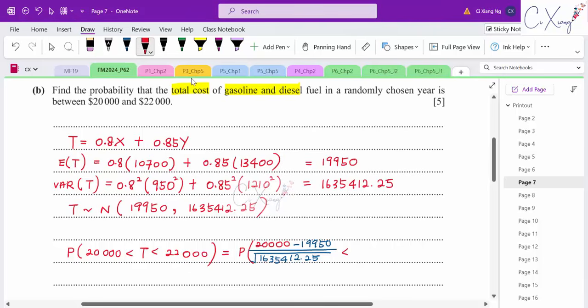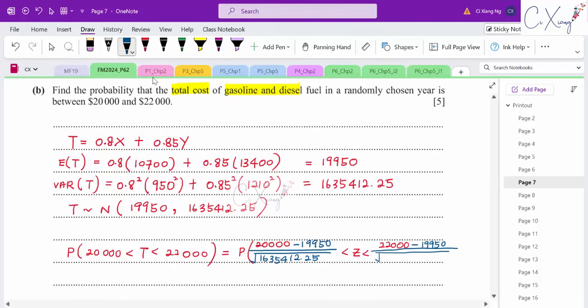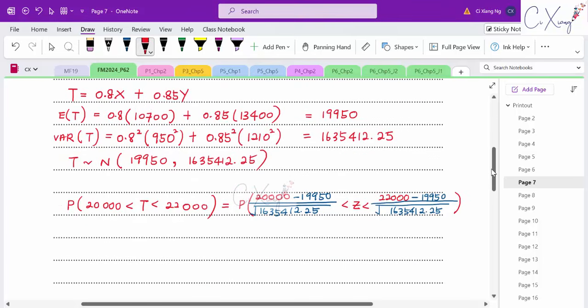Then for this one, Z, also take the value minus the mean divided by the standard deviation. Then from there, try to get 3 decimal places for the value of Z.